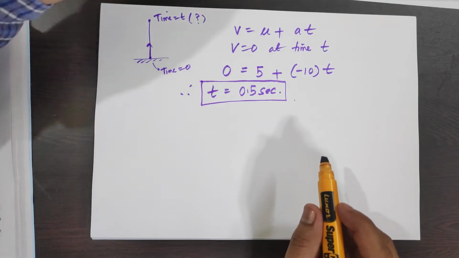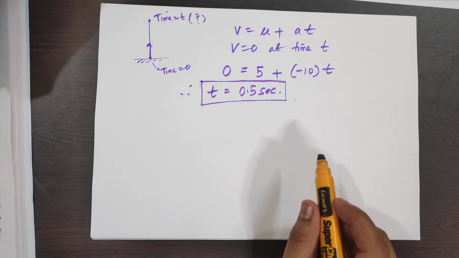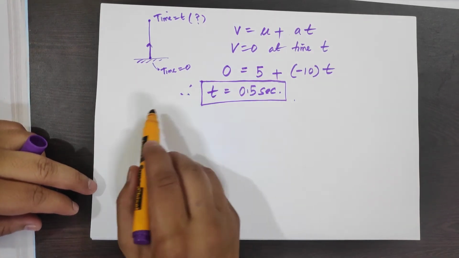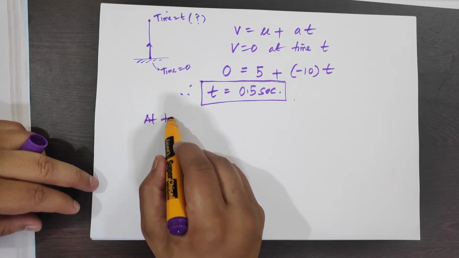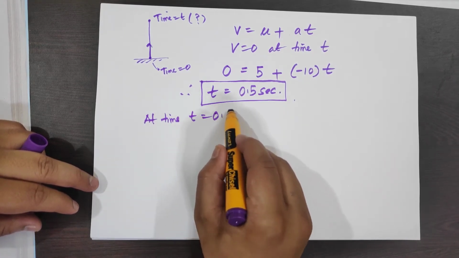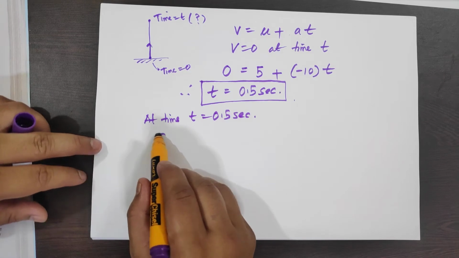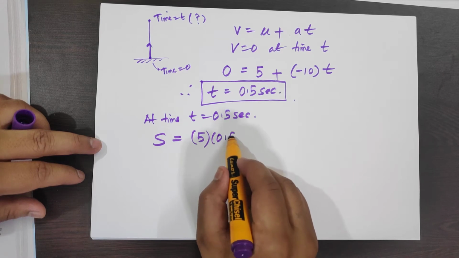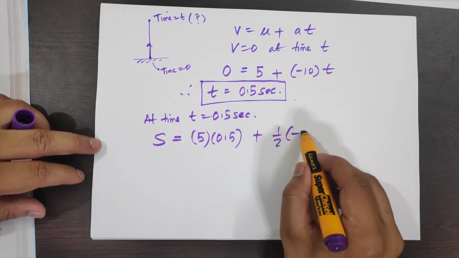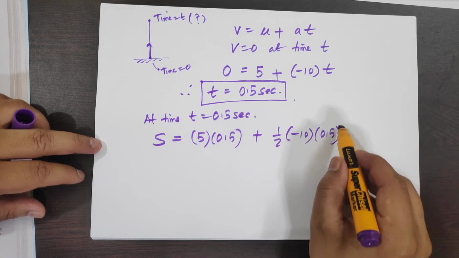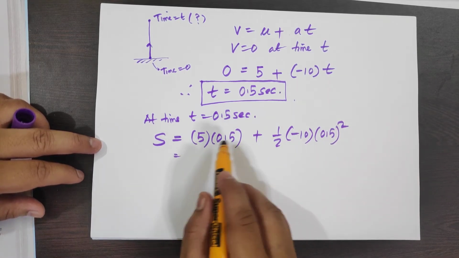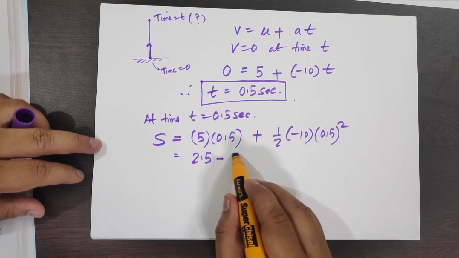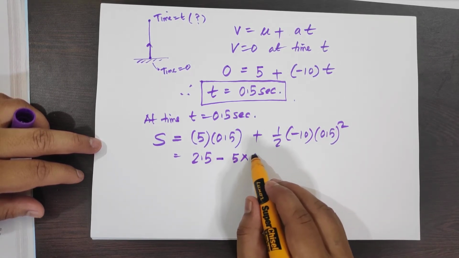So problem solved: how much time it will take and how much height it will go. You can substitute and check for this. At time 0.5 second, you can put for the displacement: u into t plus half a into t square, with a equal to minus 10. Now this becomes 2.5 minus 5 into 0.25.